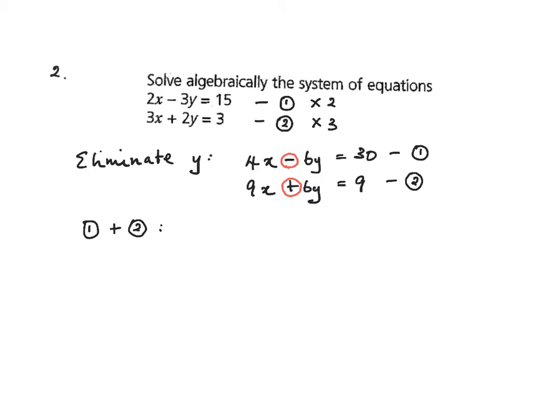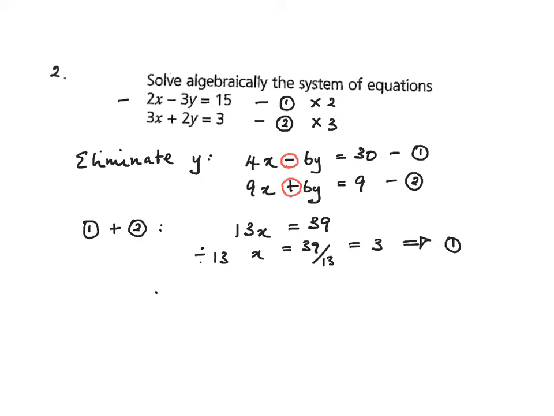So 4x and 9x, that gives me 13x equals 39. If I divide by 13, x equals 3. I'm going to substitute 3 back into the very first equation, this equation here.